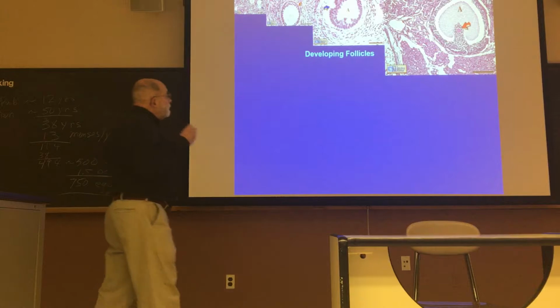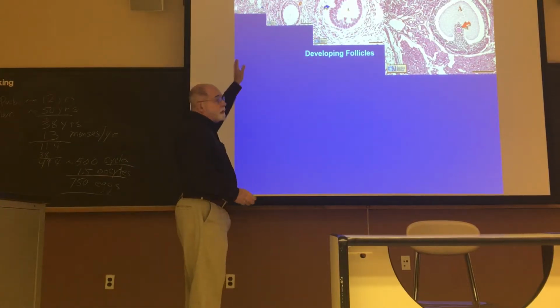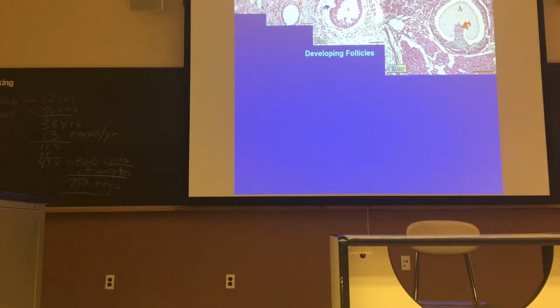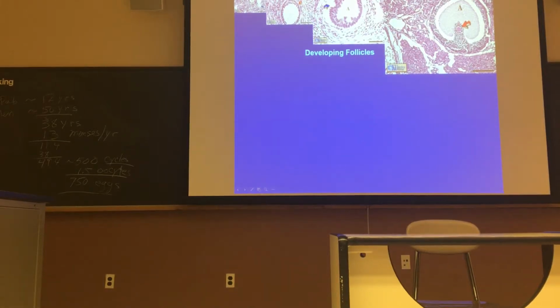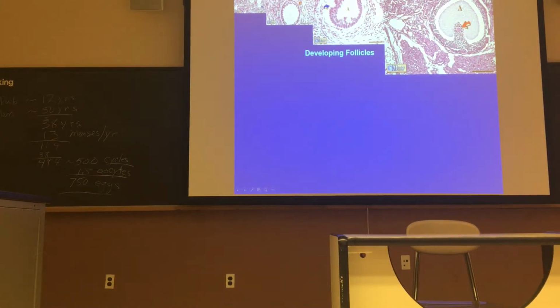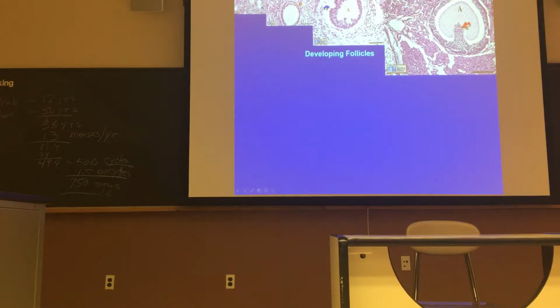This is a depiction of the growth of a follicle through several stages. It starts out with what amounts to the early stage oocyte surrounded by a few flattened cells that are going to ultimately develop into granulosa cells.